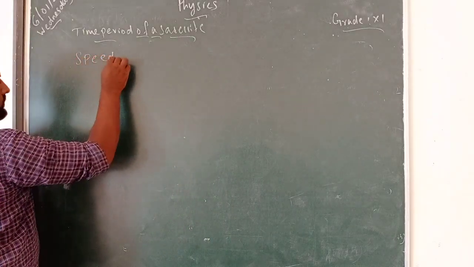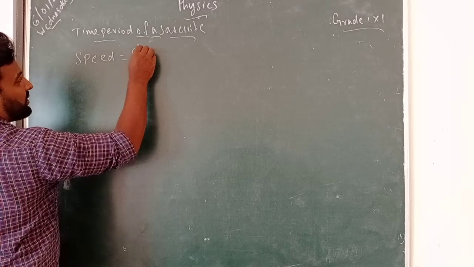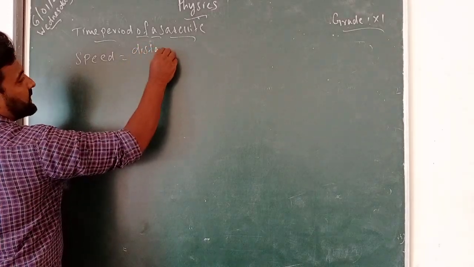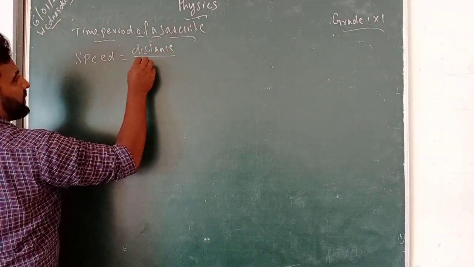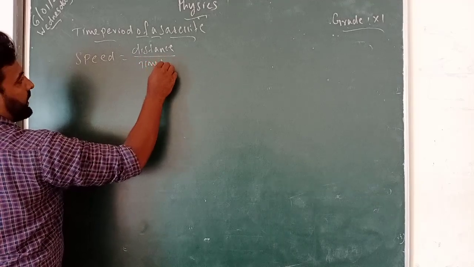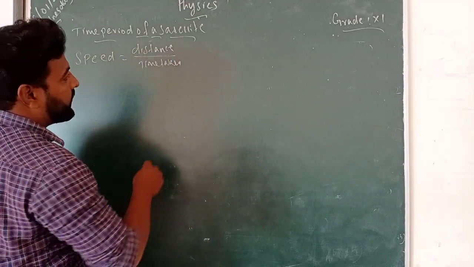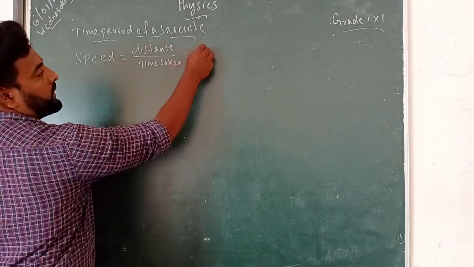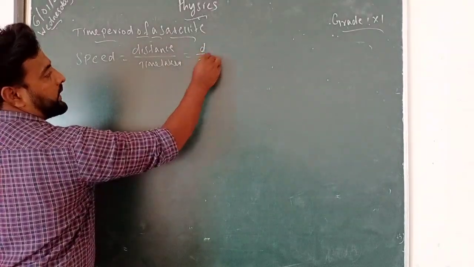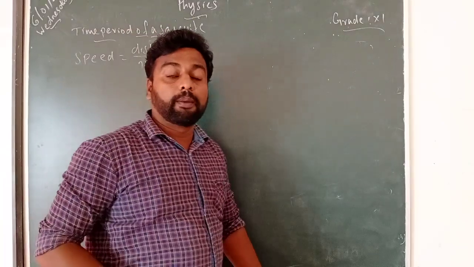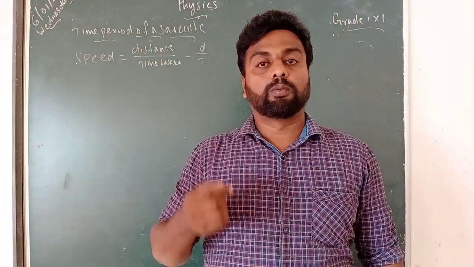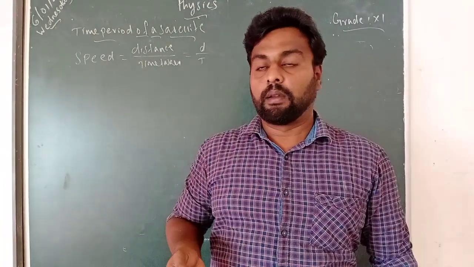Speed is equal to D by T. Capital T means time period, and small t we use for time taken.